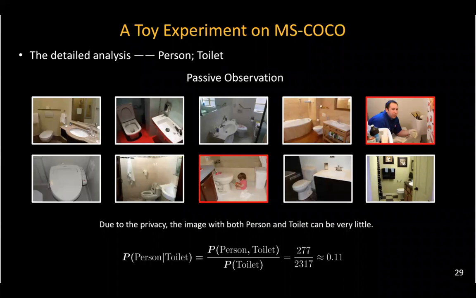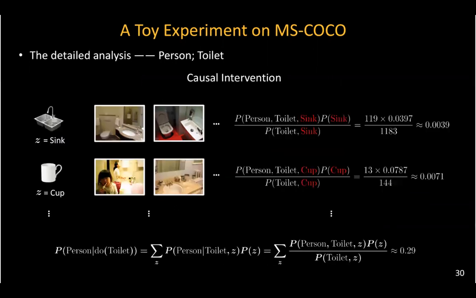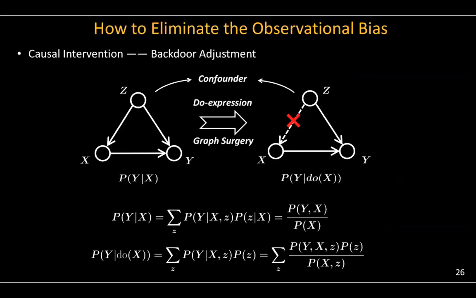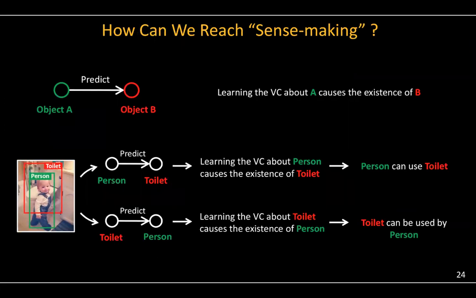Usually, we know that toilet and person should show up together very frequently, right? Yeah, that's the observational bias.